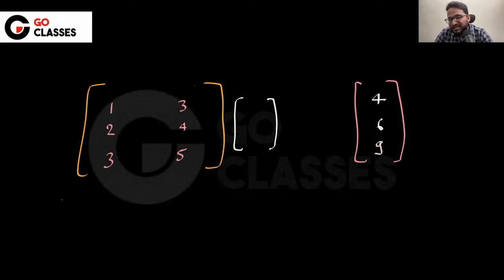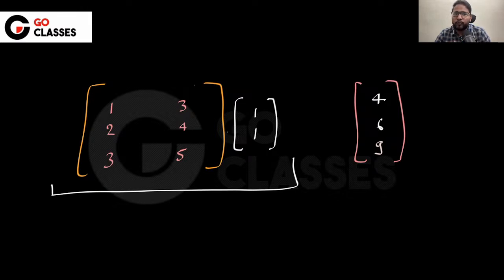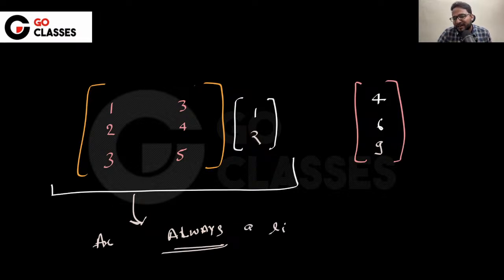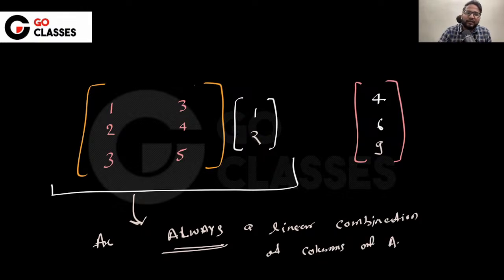Understand this very carefully: whatever you put here, whether 1 1, 1 2, or anything else, this is Ax, which is always a linear combination of columns of A. Nobody can deny this, that this is always a linear combination of columns of A.